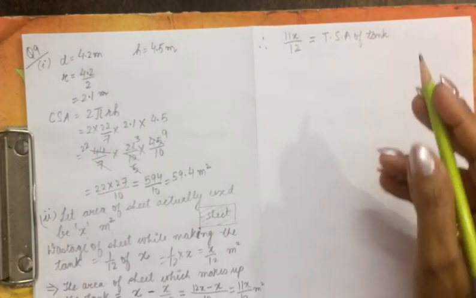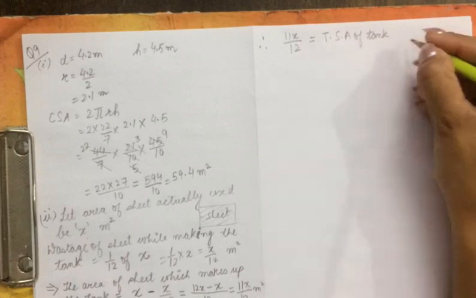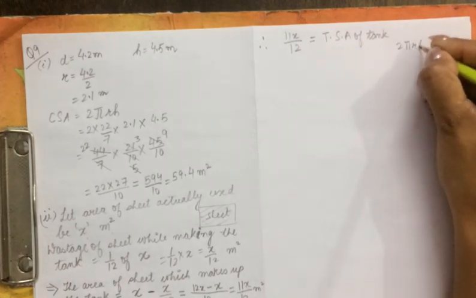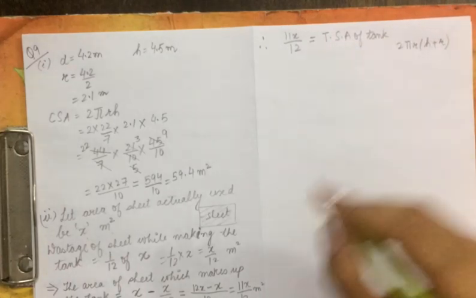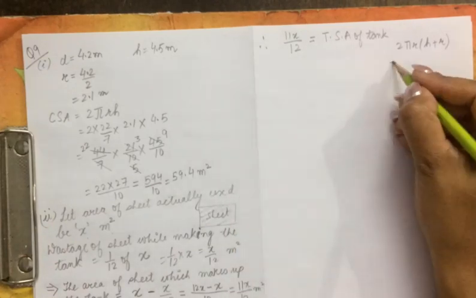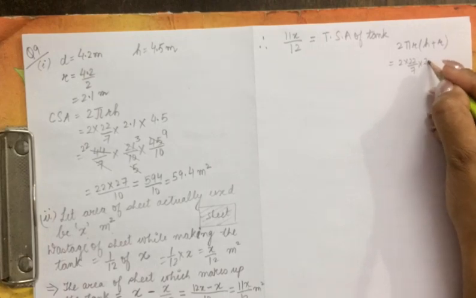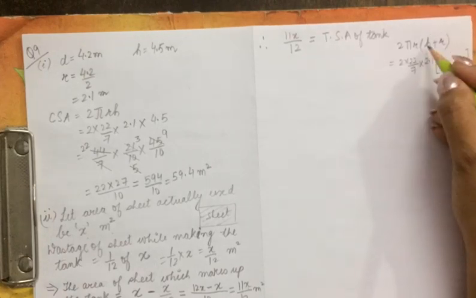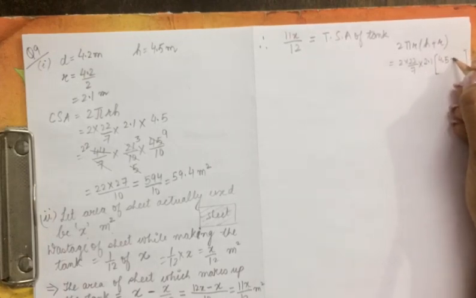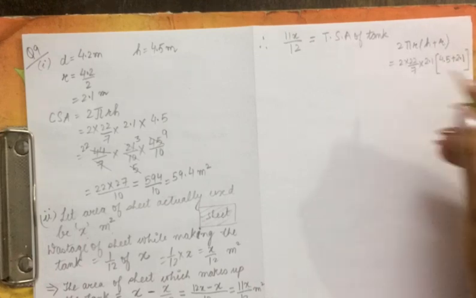Now let us evaluate the total surface area of the tank. The formula will be 2πr(h + r). This will be 2 into 22/7, the radius is 2.1, and in the brackets, the height is 4.5 plus the radius 2.1.